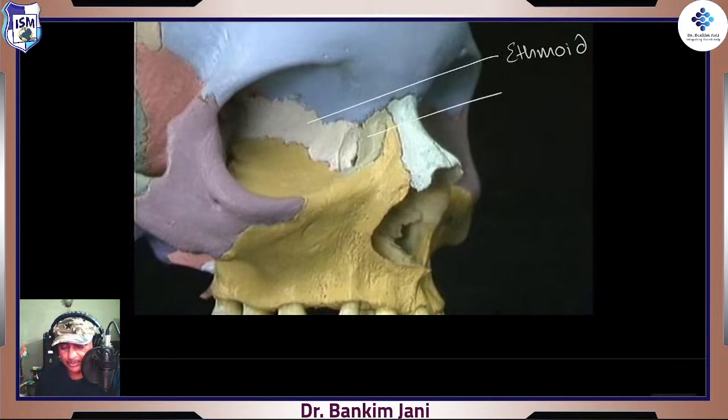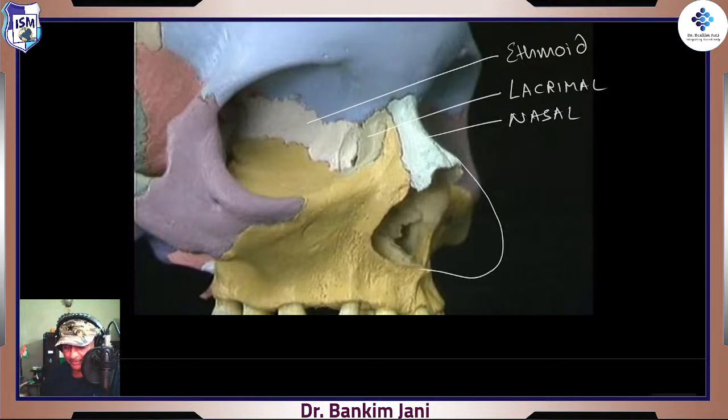So that one is ethmoid. Then this one is lacrimal, and this one is nasal, right? So actually that nose, the nose which is like this, is cartilage. The rest of the nose is formed by cartilage.